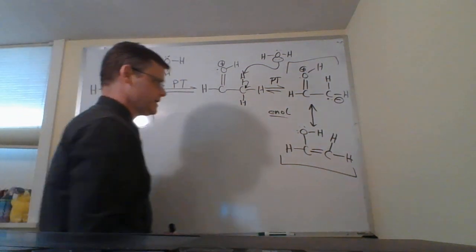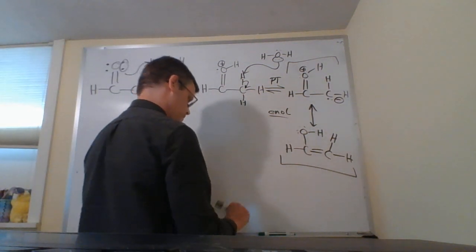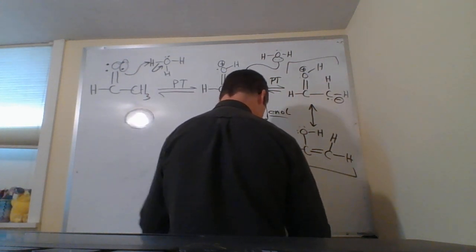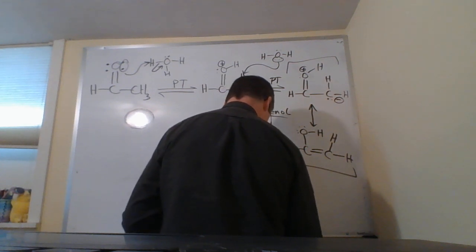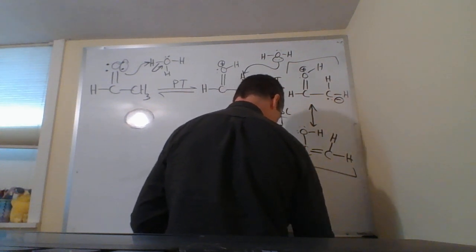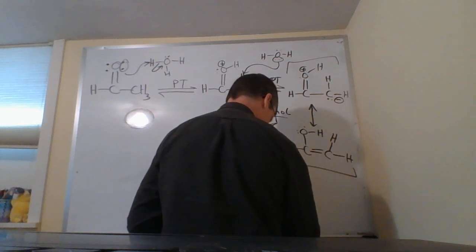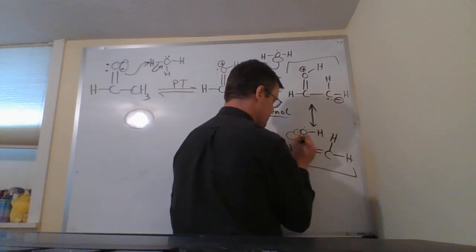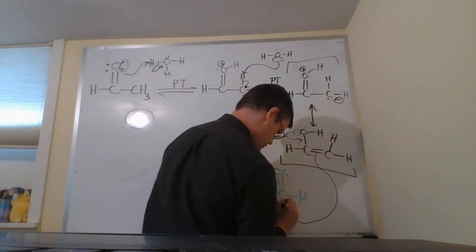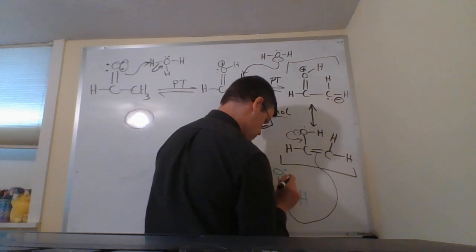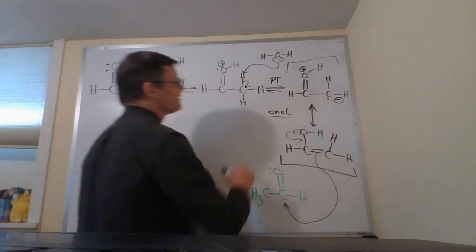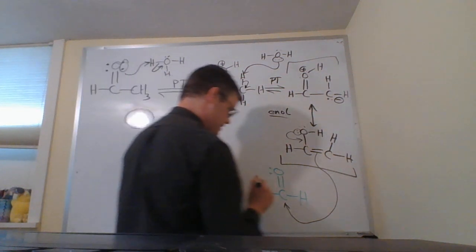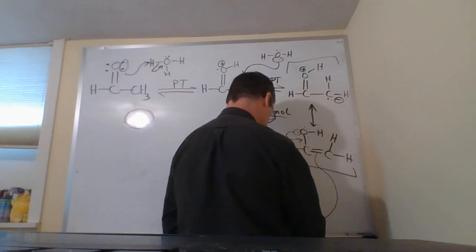The next thing that's going to happen is this is going to react with our other molecule of our aldehyde. Actually, we protonated an aldehyde up here, so we're going to use the protonated form of the aldehyde as the electrophile.